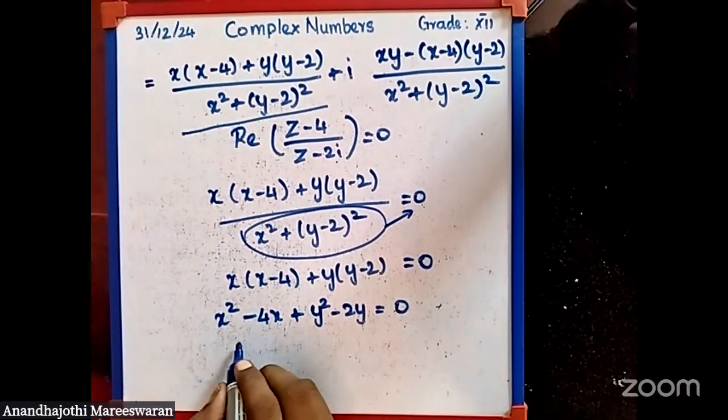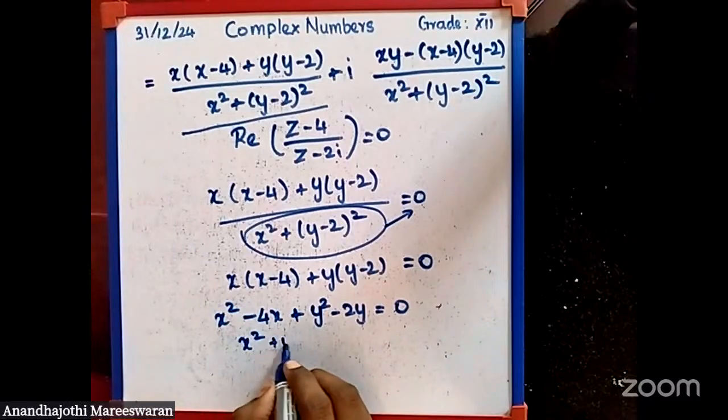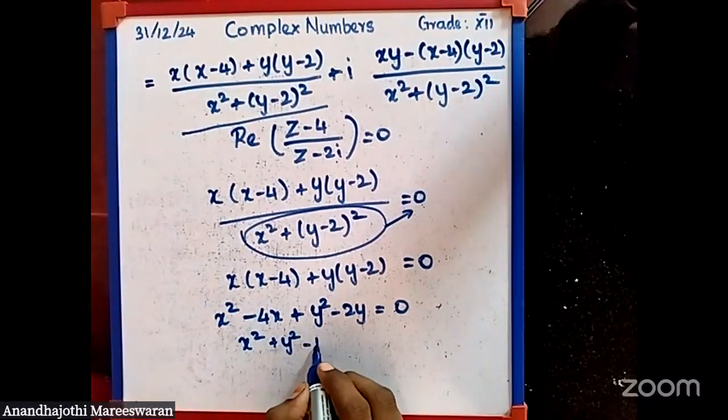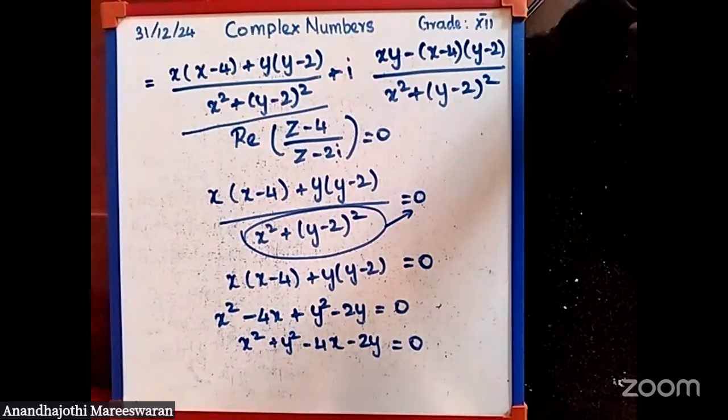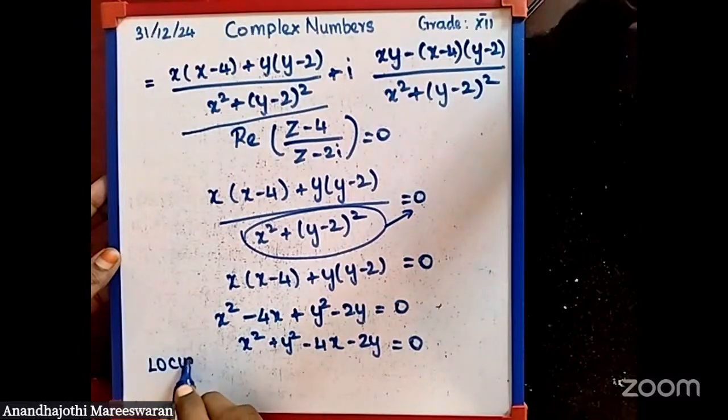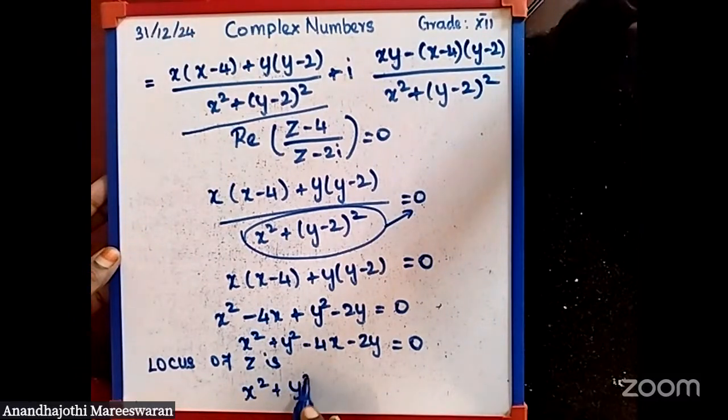I am going to rearrange this: x squared plus y squared minus 4x minus 2y equals 0. So now we find the locus, right? Locus of z is x squared plus y squared minus 4x minus 2y equals 0.